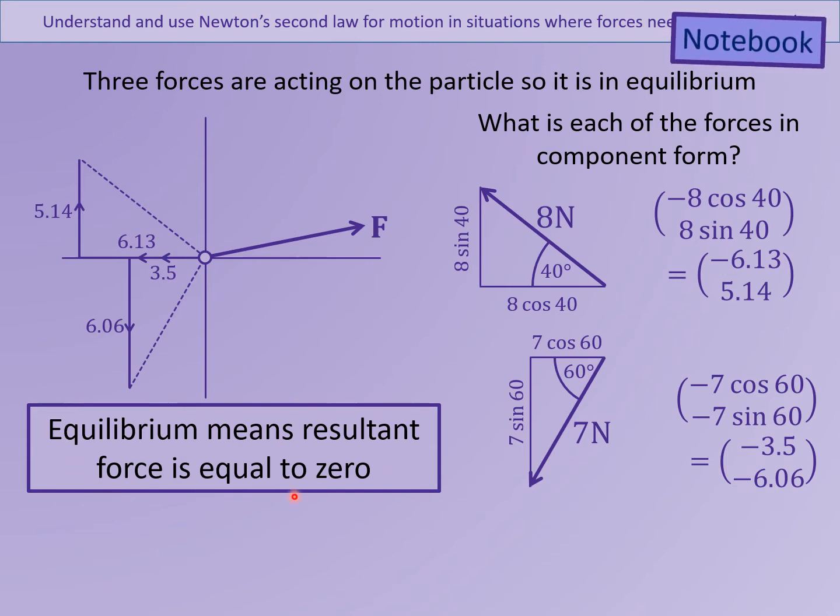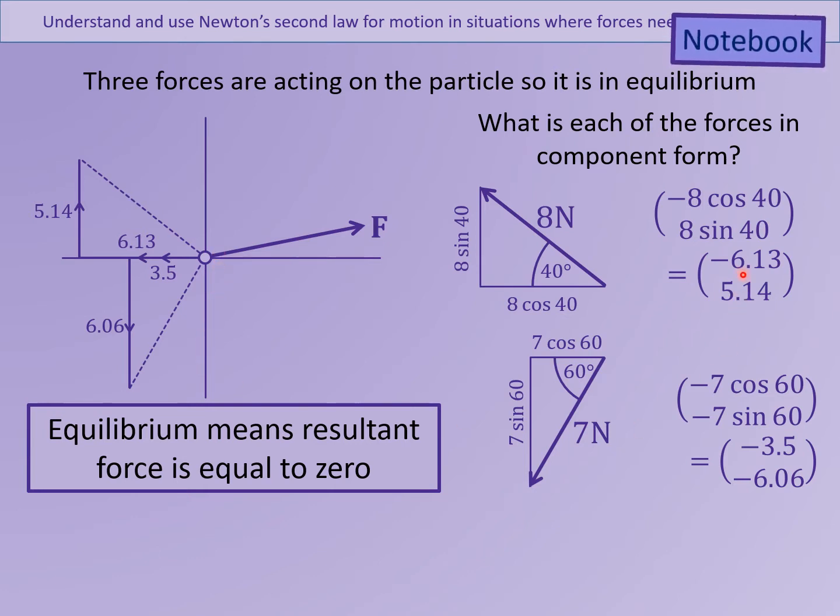So the resultant force acting on the particle is equal to zero. It's worth just getting that back down in your notebooks and highlighting it. So that's quite handy to know. It means that if we find the resultant of all three of these forces, so that one there, and that one there, they should all balance out. They should all equal each other.